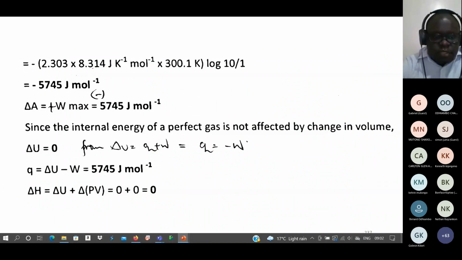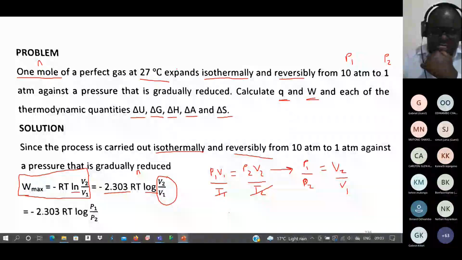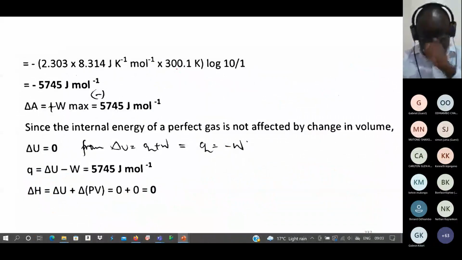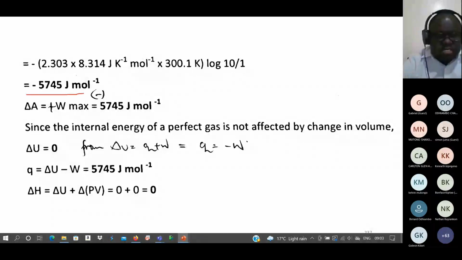R is 8.314 joules per Kelvin per mole, times 27 degrees Celsius, which is 300 Kelvin, times the log of 10 over 1. So here we get the value of W being equal to minus 5,745 joules per mole.